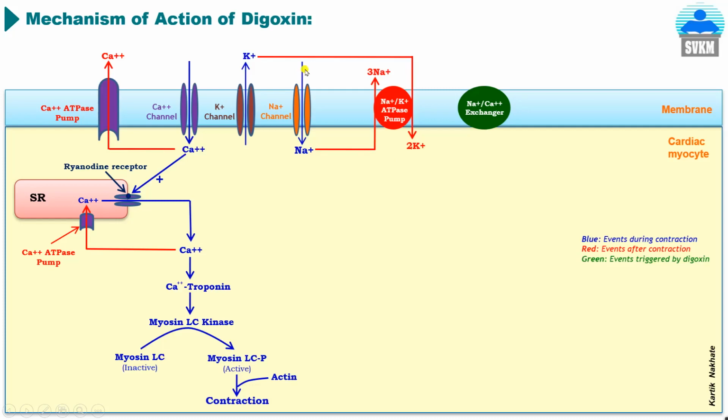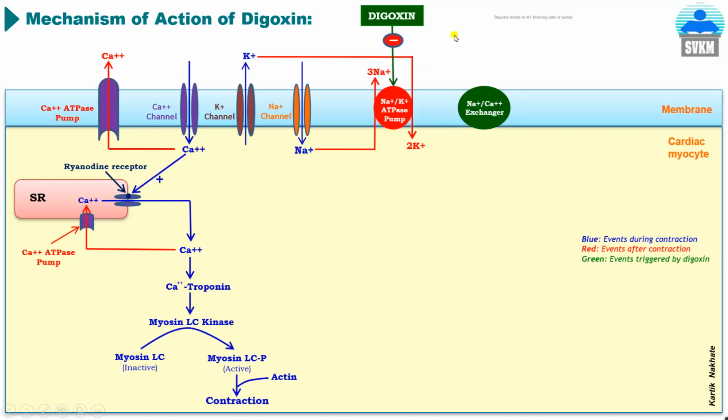In case of heart failure, the aim of digoxin therapy is to increase the intracellular calcium level so that the force of contraction of cardiac muscles can be increased. Digoxin causes partial inhibition of the sodium potassium ATPase pump, that is, it causes a decrease in functional sodium potassium ATPase pump concentration of around 25%.